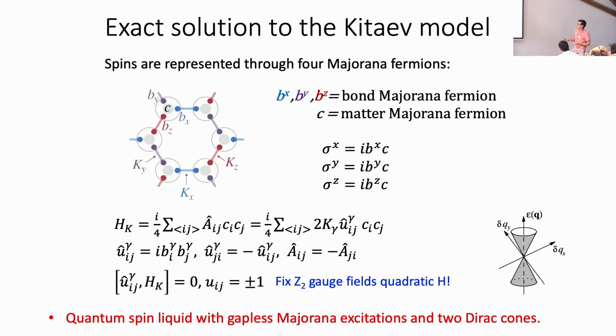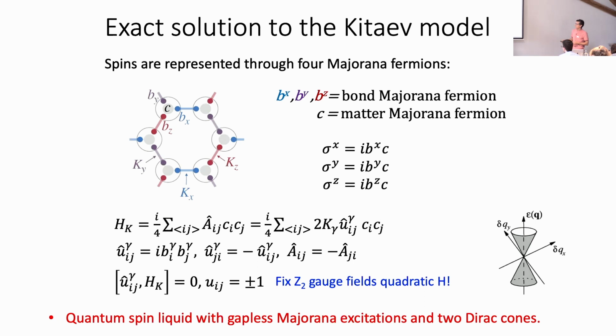And so the spin operators can be written in this way, and they will recover the original spin Hilbert space. And by this transformation, the Hamiltonian can be written in this way, where it's nearly quadratic, but you have this operator, which is a bond operator, which is a product of these two bond Majoranas, right?